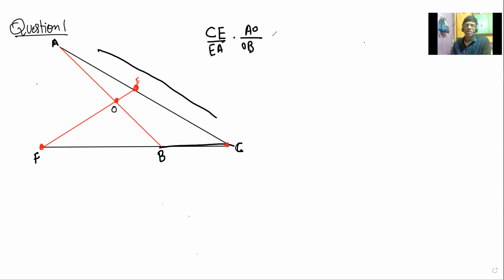Now, what should be the last ratio? EB, or you say FB. CB. No, not CB. We want to understand what is the ratio in which F divides BC, right?